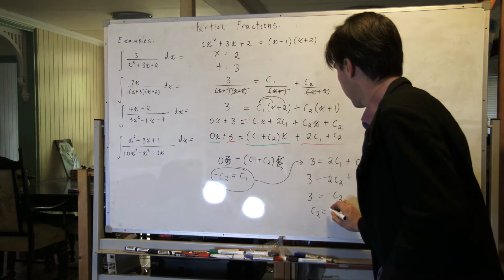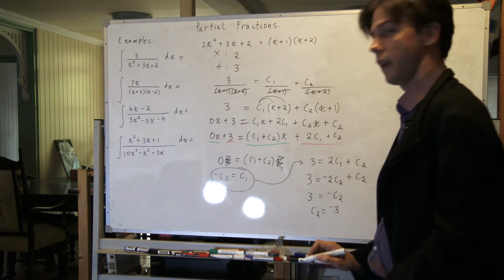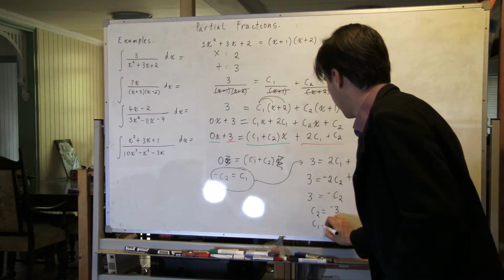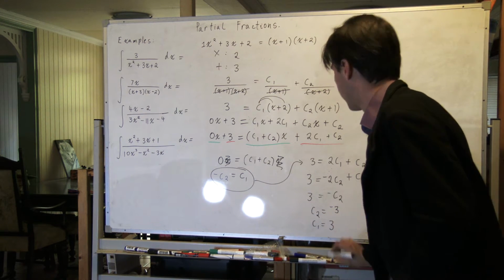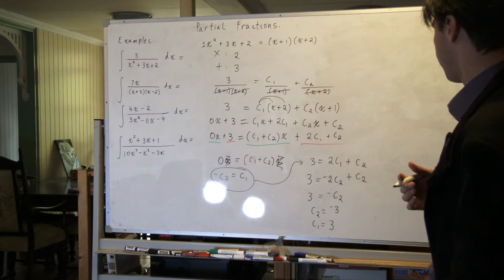So in this case, c2 is negative 3, and then c1 would be the opposite of that, positive 3.